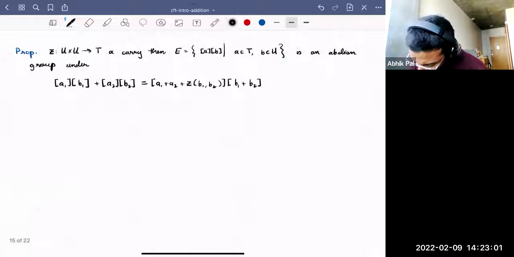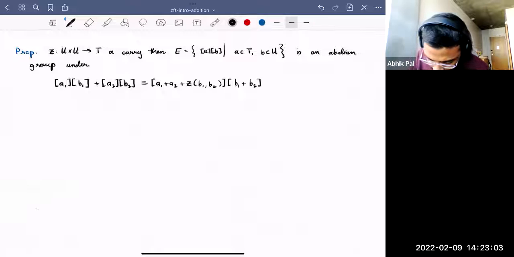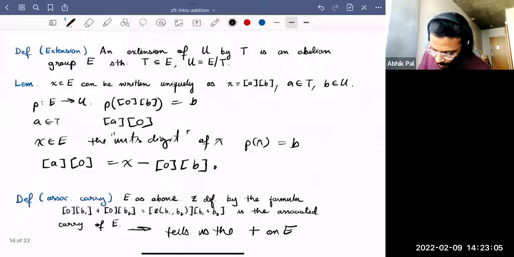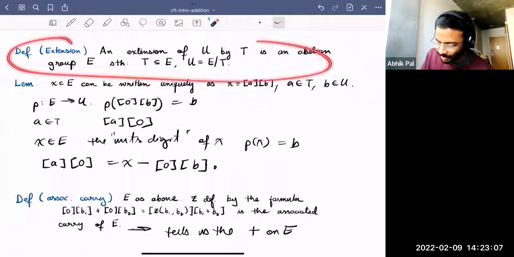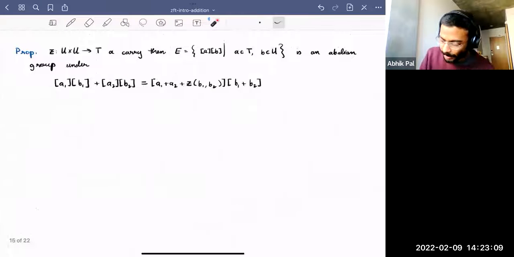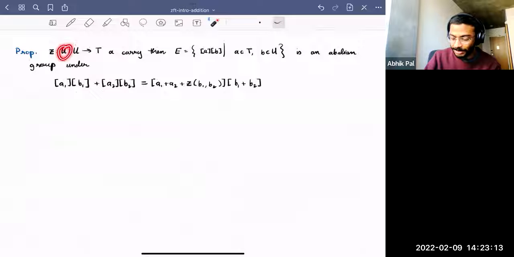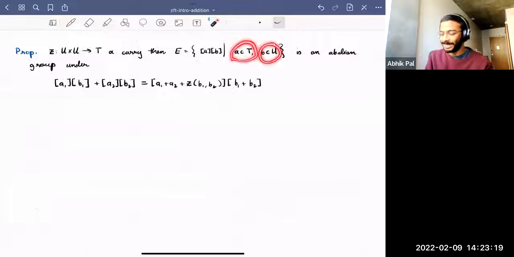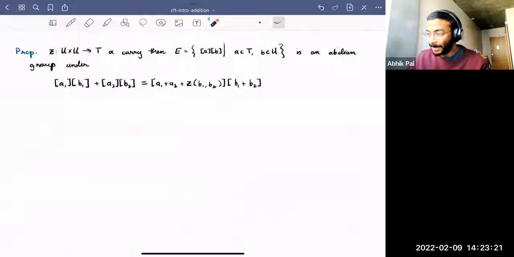On the other hand, if we do not want to start with an extension, if we start with an arbitrary carry function, and I start with these groups, then the set of symbols A, B, where A is in my tens place and B is in the units, is in fact an abelian group.